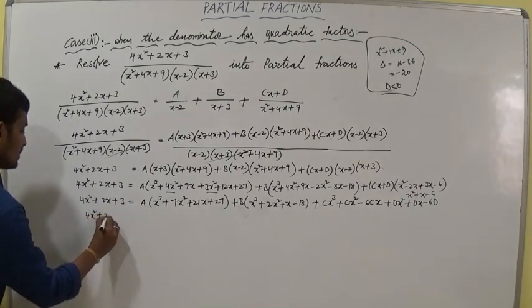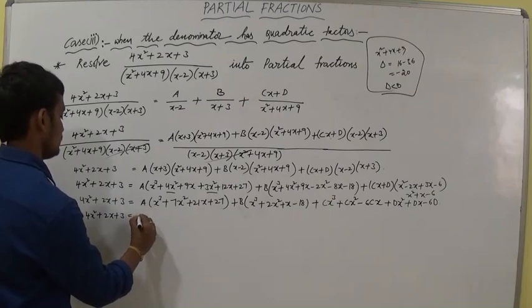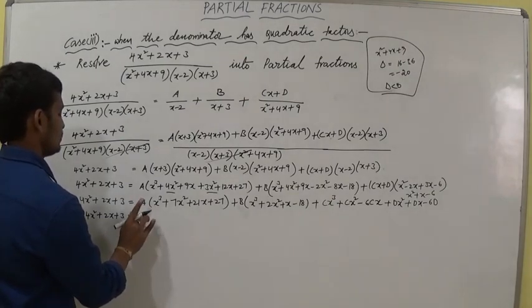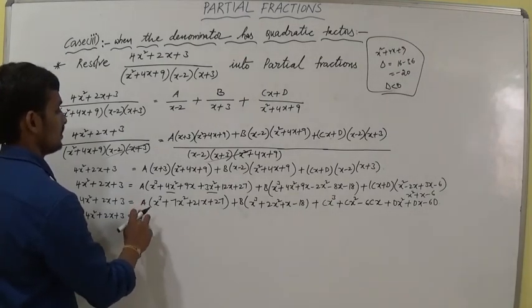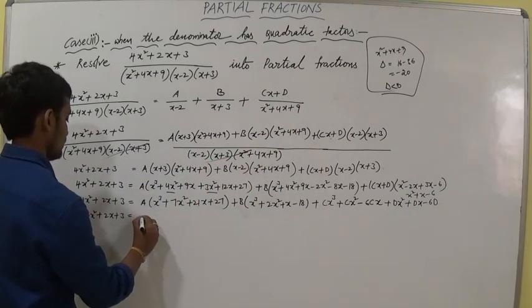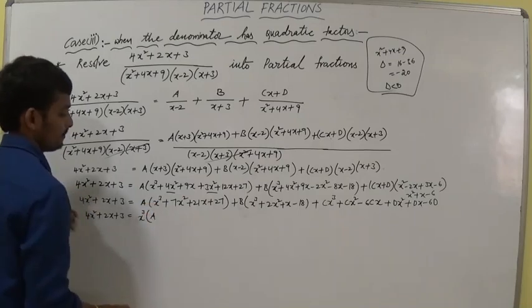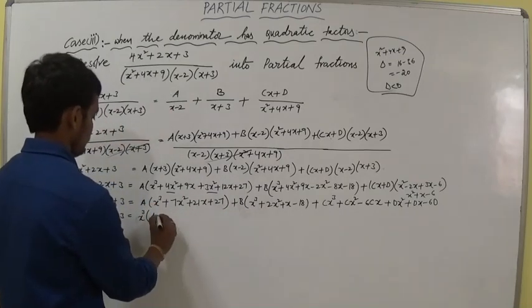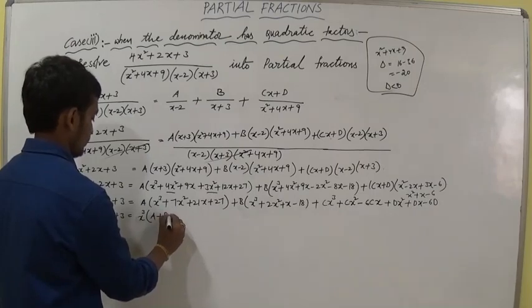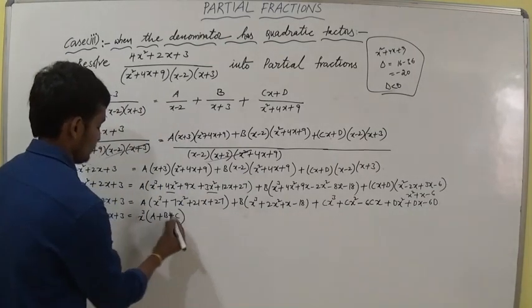4x square plus 2x plus 3 is equal to. So can you common x cube in all the terms? I can. If I common x cube, I am getting here A, here B, there C. This is one.